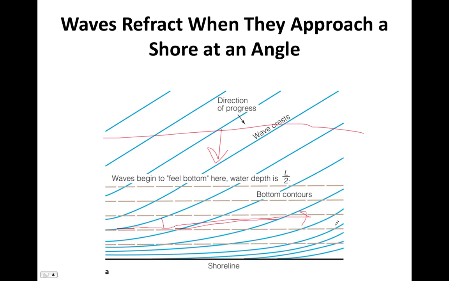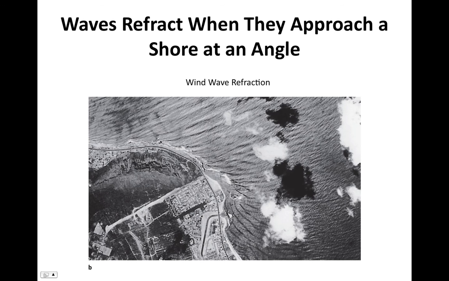The breaking wave wouldn't roll along the coastline. And so the fact that the wave begins to break at one side of the shoreline and then moves along to the other side is an indication that the waves are coming in at an angle to the shoreline. So here we can see waves refracting around, this is Hilo, Hawaii. So you can see the wave lines, the crests right here.